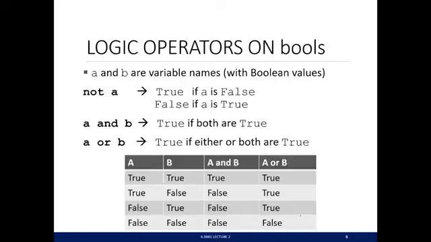You can use and, or. These are keywords in Python, and you can use those two keywords on Boolean variables. A and B is only true if both A and B are true. And A or B is only false if A and B are false. This is the complete table, just in case you need to reference it.